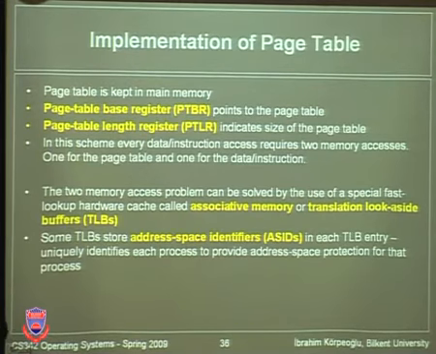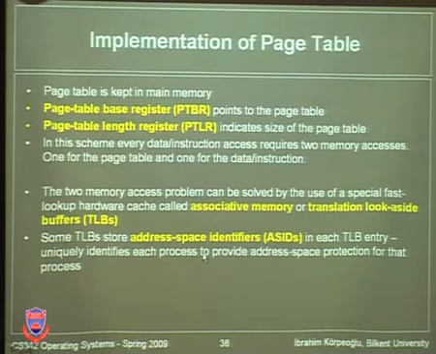Because the new process will maybe make similar page references to the same page numbers, but those page numbers need different mappings. They are not loaded into the same frames, so they cannot use the existing entries belonging to the previous process. So they have to be flushed. Therefore, if you don't want to flush, then you have to associate the process ID with each TLB entry.